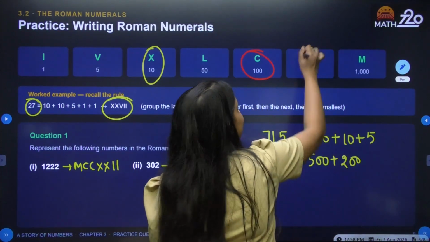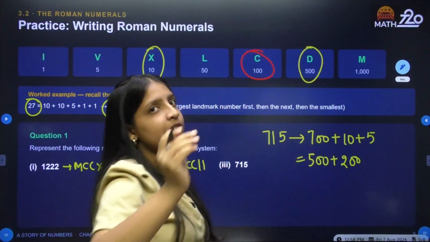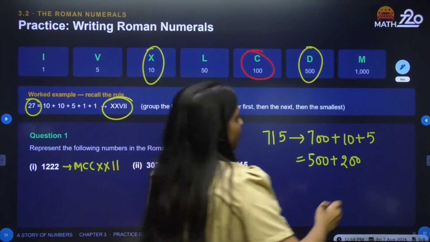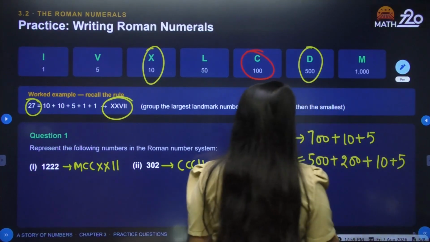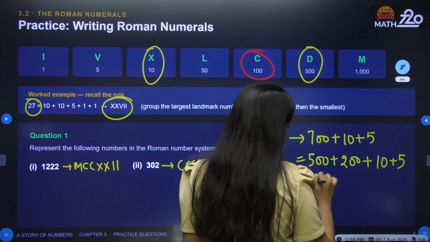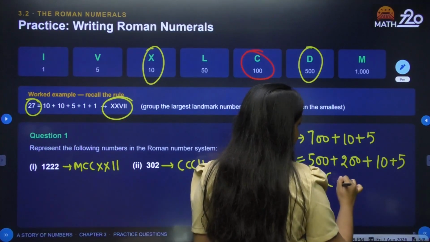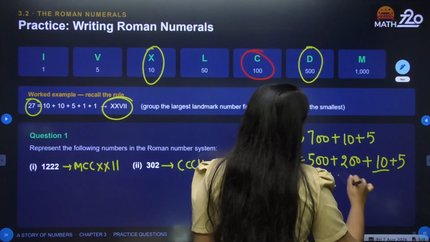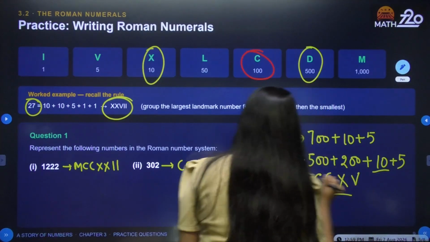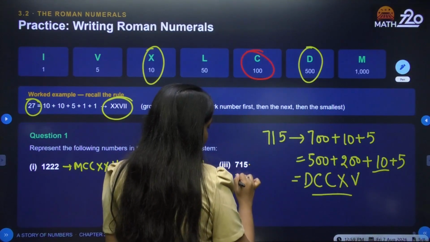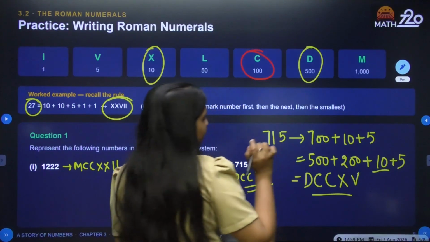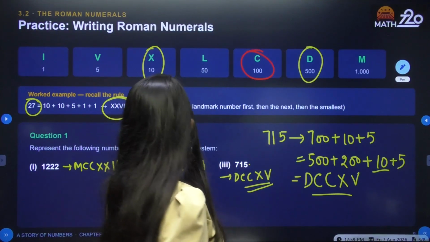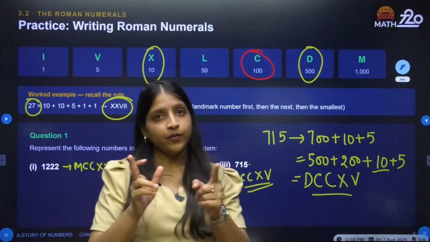Because 500 is a landmark number which has a Roman representation. Then we have 10 plus 5. 500 means D, 200 means double C, 10 means X, and this is V. Which means that D double C X V. This is the Roman representation of 715.